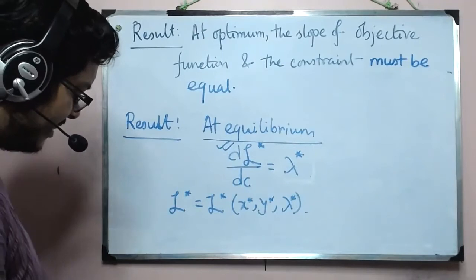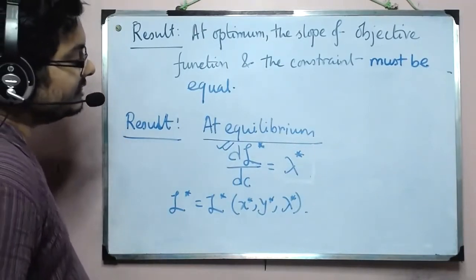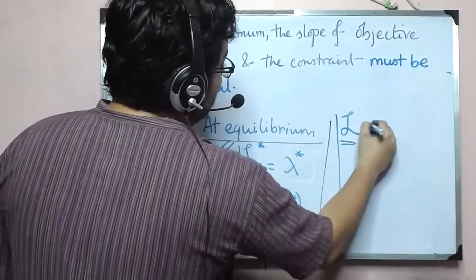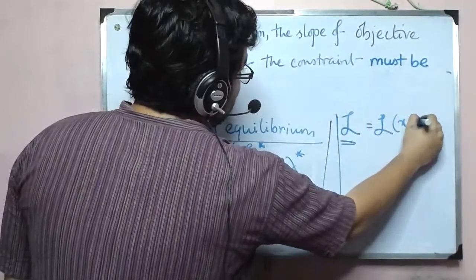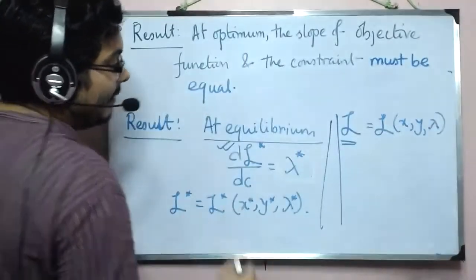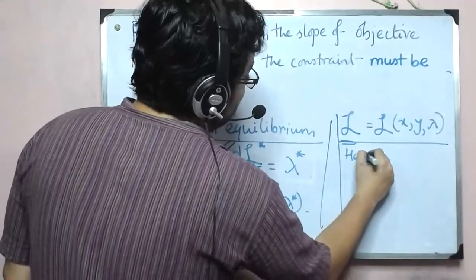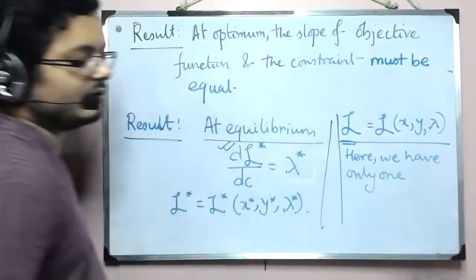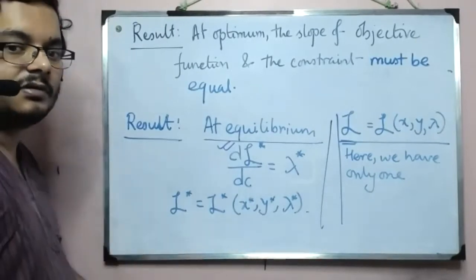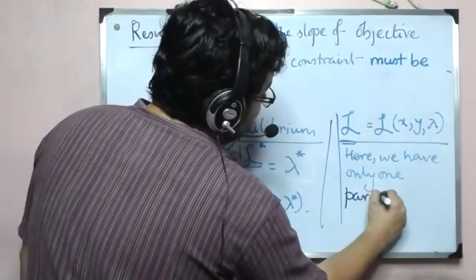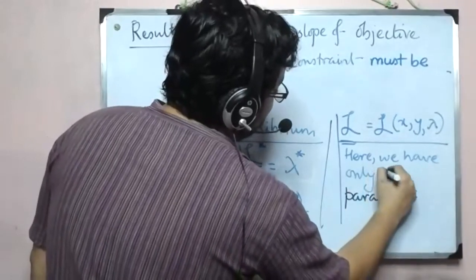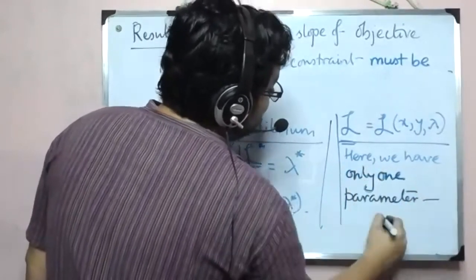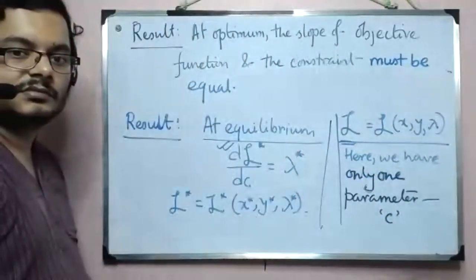Now just to give you a hint, note that in the general construction of the Lagrangian, we have only one parameter, and that parameter is C. So what does it tell us?